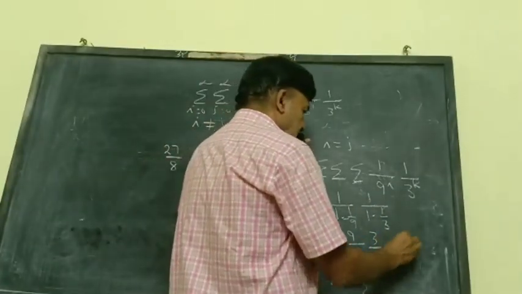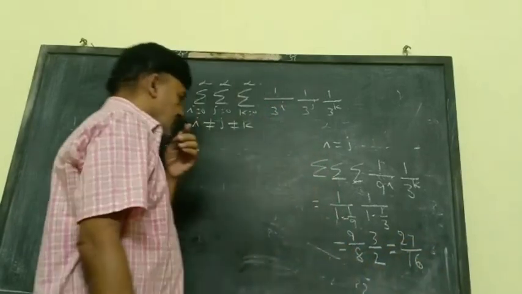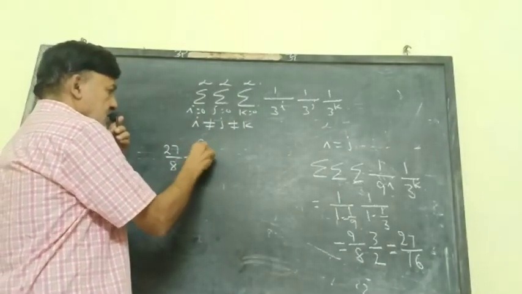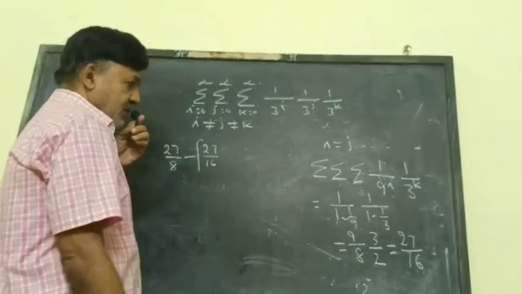So you get 27 by 16. So the i equal to j case will be subtracted as 27 by 16.